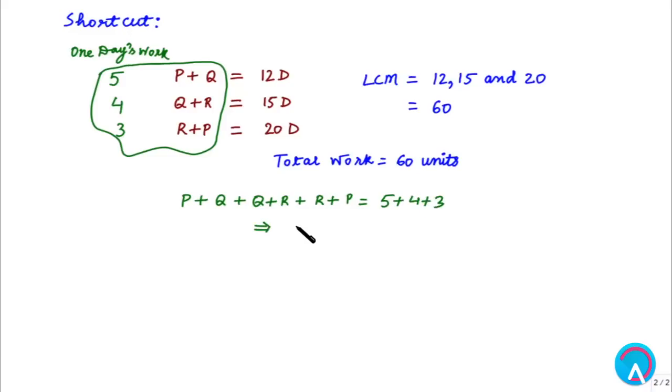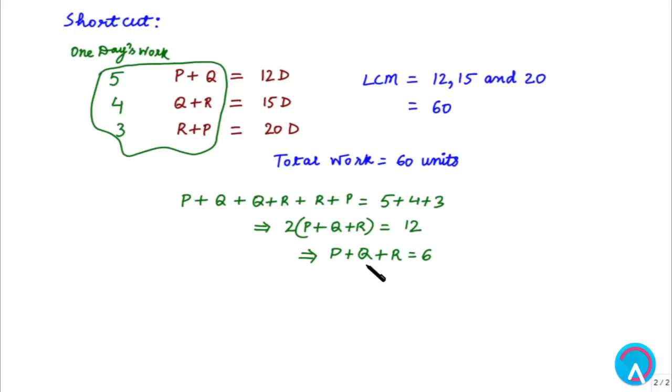So this will imply twice of P plus Q plus R is equal to 12, and this implies P plus Q plus R is equal to 12 by 2, that is 6.